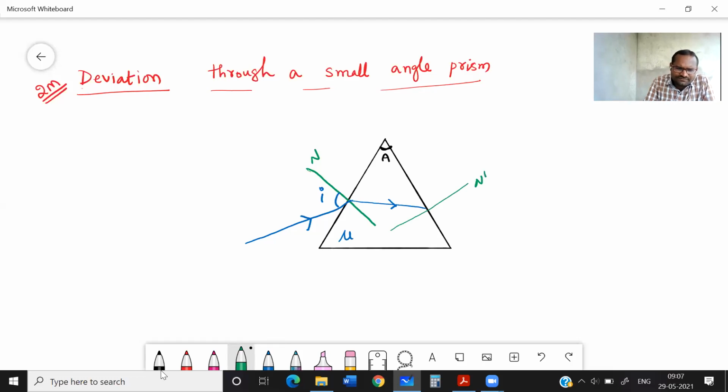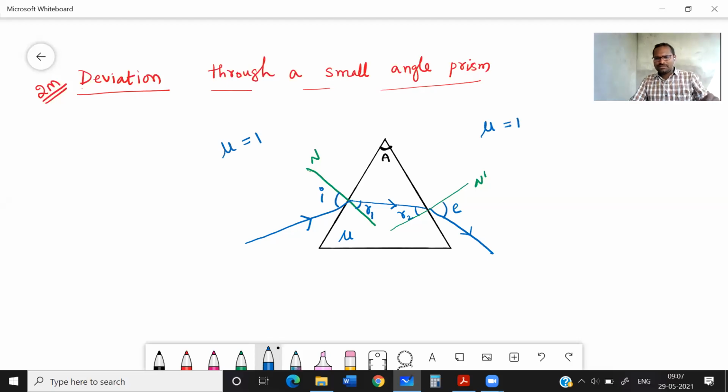Now after refraction, the ray, instead of going straight, will bend away from the normal. So the ray will go like this. Now let us call this angle the angle of refraction R1, and this angle the angle of incidence R2, and this the angle of emergence E. The refractive index outside is mu equal to 1, here also mu equal to 1, let us suppose.